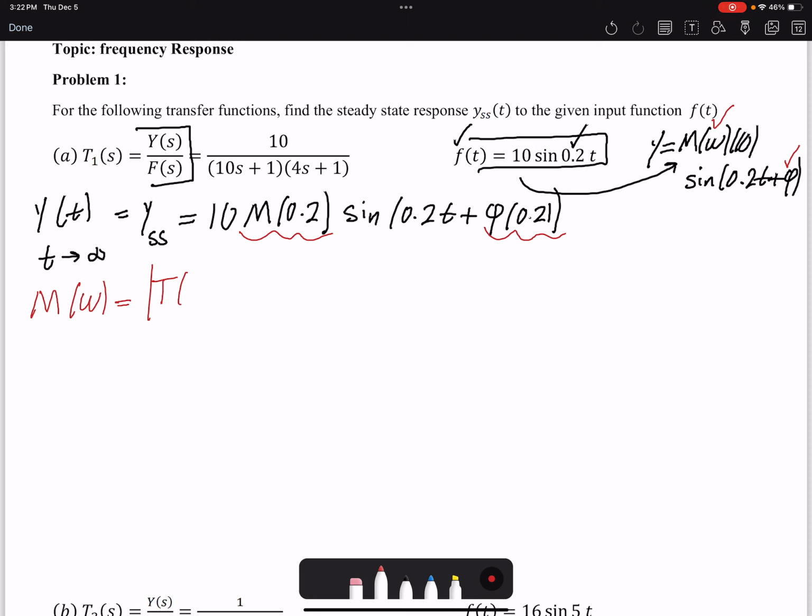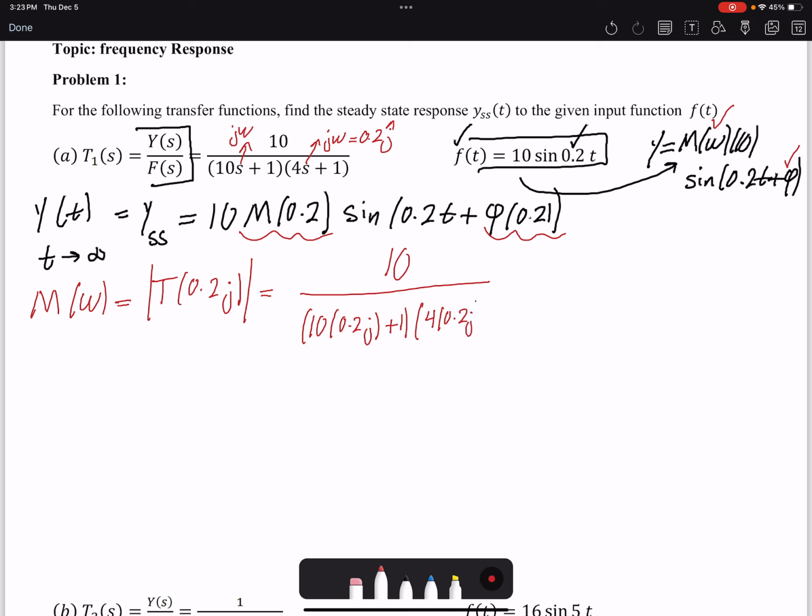So let's find the change in magnitude at a particular frequency. I just need to replace s with jω. So whenever I have s, I will change it to jω. And remember, ω for us is 0.2, so it's 0.2j. I'm going to replace everything with 0.2j. The numerator is 10, it's not changing, but I have 10 over (0.2j plus 1), the whole thing multiplied by (4 times 0.2j plus 1).